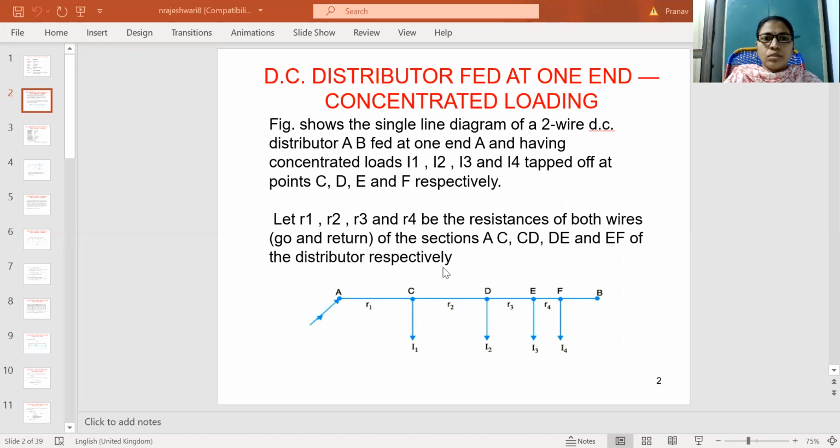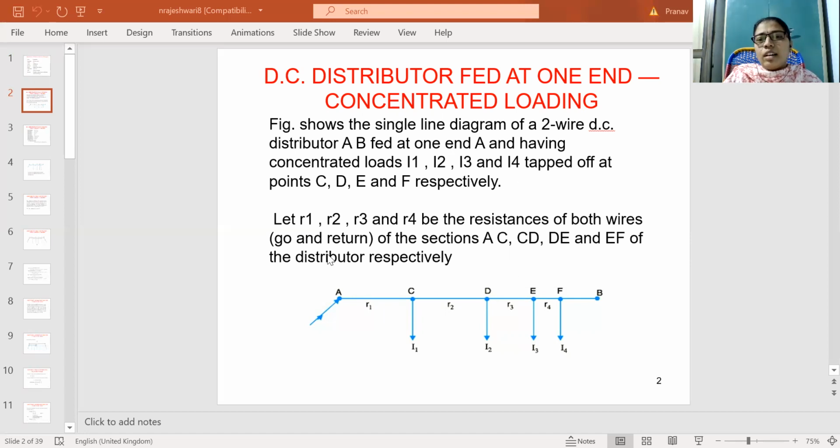The figure shows the single line diagram of a two-wire DC distributor AB fed at one end A and having concentrated loads I1, I2, I3 and I4 tapped off at the points C, D, E and F respectively.